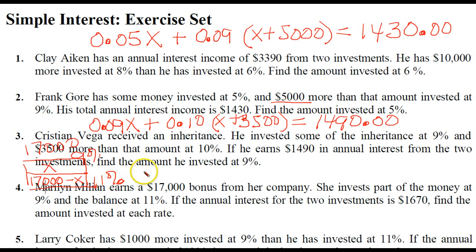Okay, so let's set this up. So 9% of X plus 11% of 17,000 minus X equals 1670, and you have to write that correctly here.